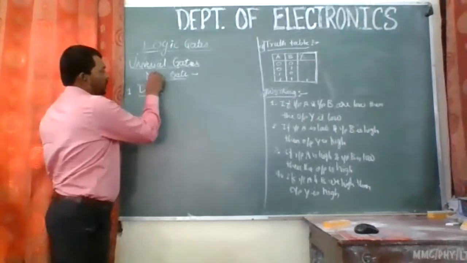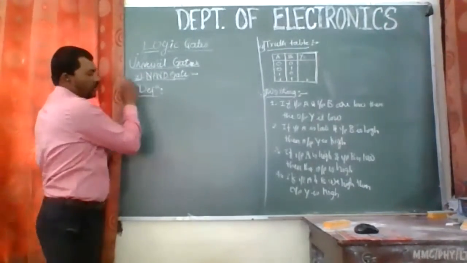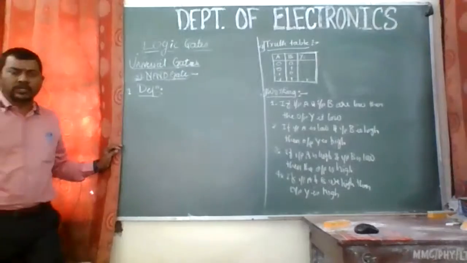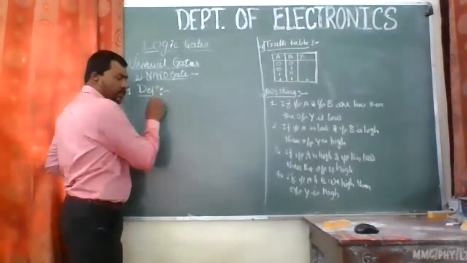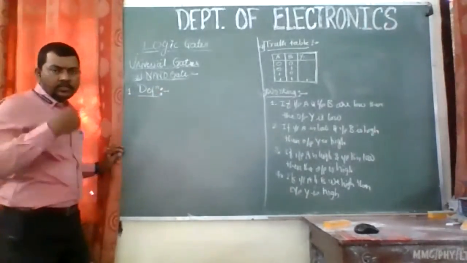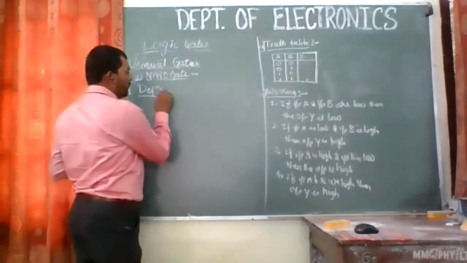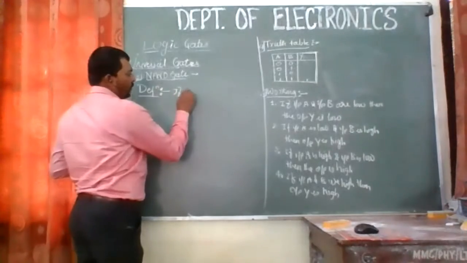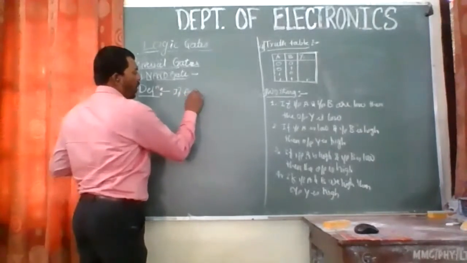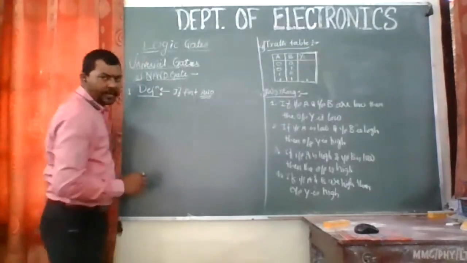The first gate that we need to study is the NAND gate. The NAND gate is the first universal gate. The definition will be similar to the AND gate, just vice versa, the reverse or complement of that. Just remember the definition of the AND gate.